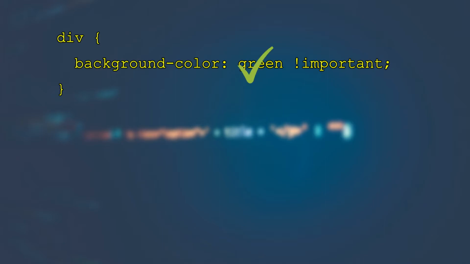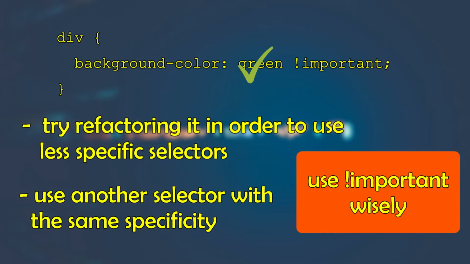For example, here when I say background color green, and if I apply important, that means no matter whether the division has inline style or any other selector like an ID selector, it's going to go green only because you have given the exclamation important. And this means you are breaking the chain of logical CSS specificity, which is not a very good idea. Unless you are stuck somewhere and you just want to override and it is not harming your CSS, you may go for important, but it's absolutely not advisable.